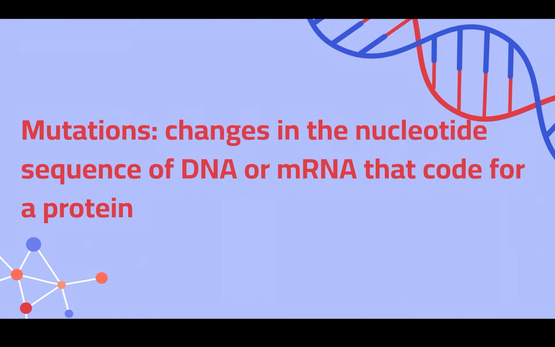And the environment determines whether the mutation is harmful, beneficial, or neutral. It truly just depends on the selection of the trait that's there, whether there's an advantage or if it's favorable.